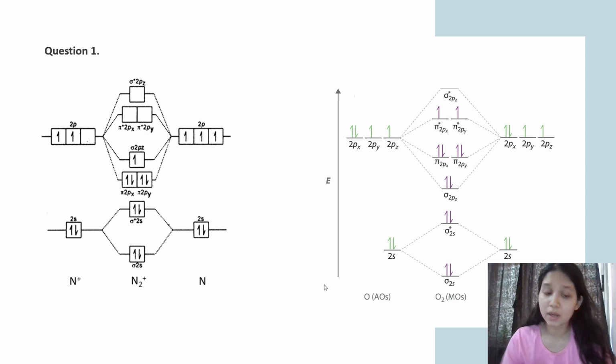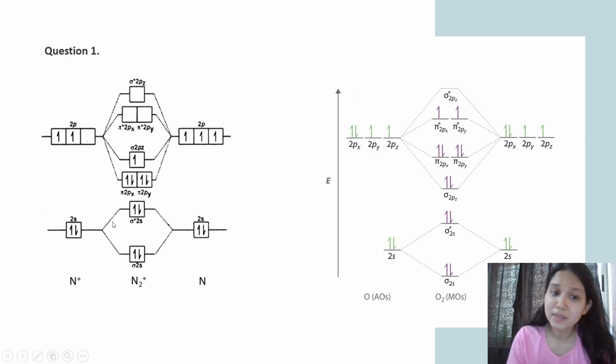We know that according to MOT, atoms combine to form bonding and anti-bonding orbitals. Here we can see bonding orbitals possess electrons and anti-bonding orbitals possess electrons, and like that N2 plus has a total of 9 electrons.